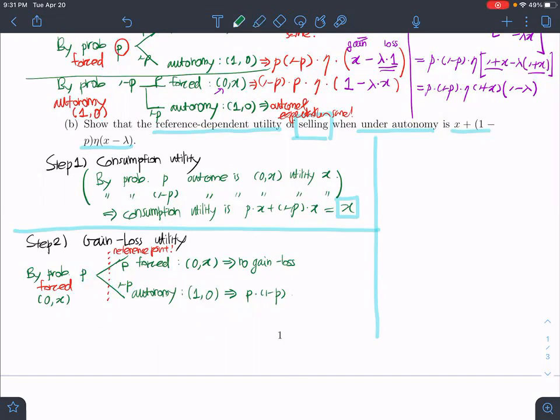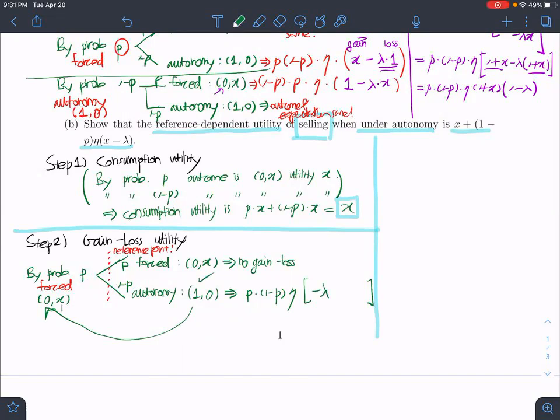And then let me multiply eta for gain loss. Let's see what is gain and what is loss. Here, I was expecting 1 mark, but I end up with 0 mark. So a loss of 1 mark, minus lambda.